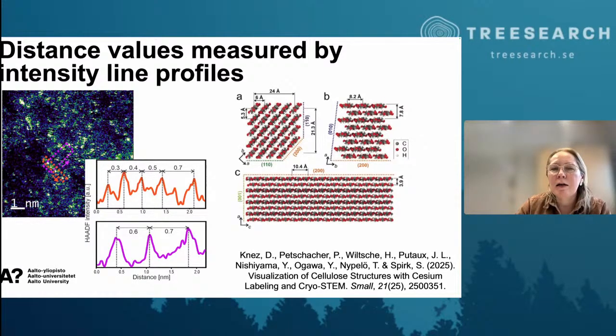And typically, he could identify values between 3 to 7 angstroms, depending on the direction observed, and then relate that to what we would expect with regards to the cellulose structure. You can maybe look into more details of the simulation that he did and these estimations in the paper that was published.